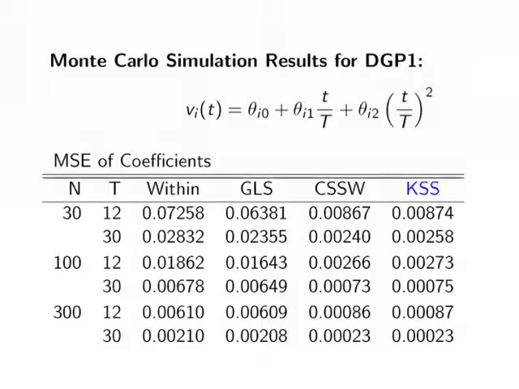This is the method by Cornwell, Schmidt, and Sickles, which is exactly the method which assumes that this is true, whereas in our method it's just what comes out. And these are the usual within and GLS estimators, without correlations. The error in estimating coefficients is quite comparable here and here, whereas it's much worse with the usual standard panel models.